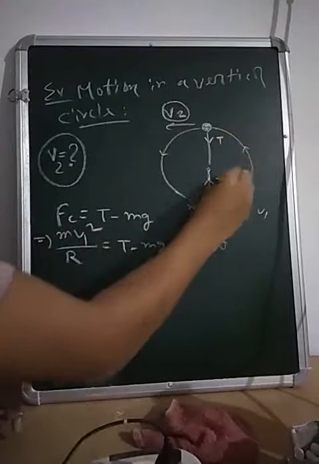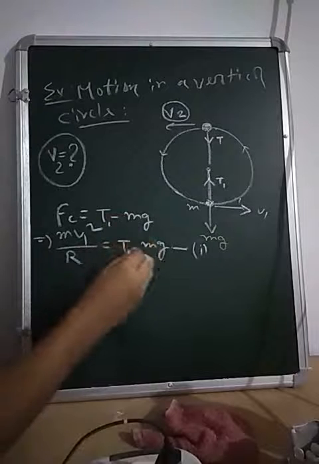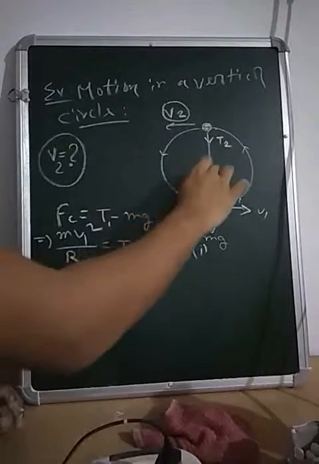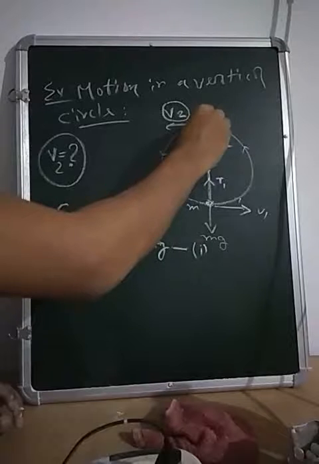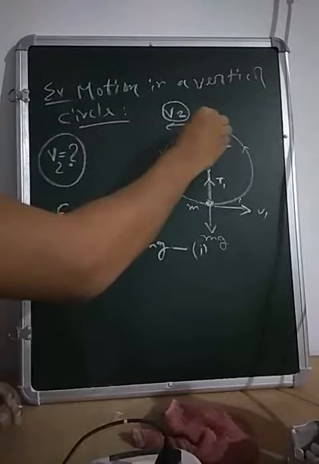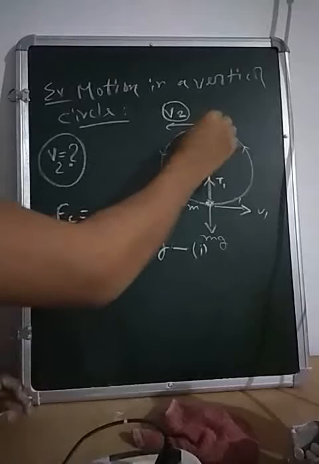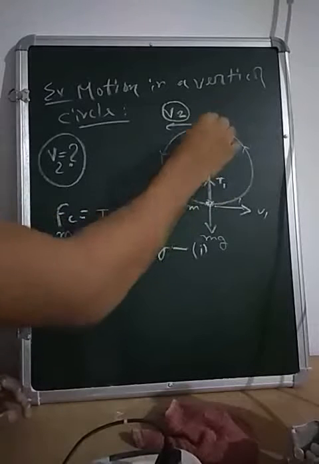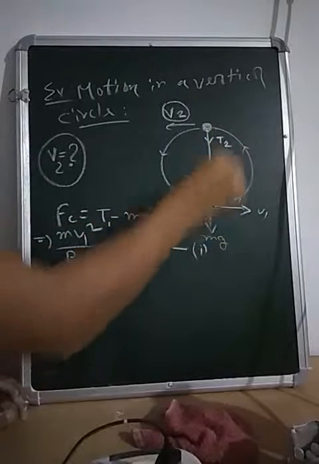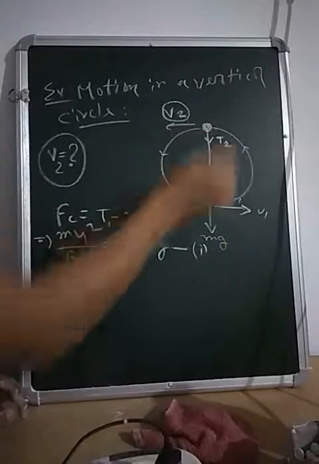Suppose this is T1, and this is T2. Because at this position, both the kinetic and potential energy of this mass change, that is why the tension force at this position and at that position will be different.